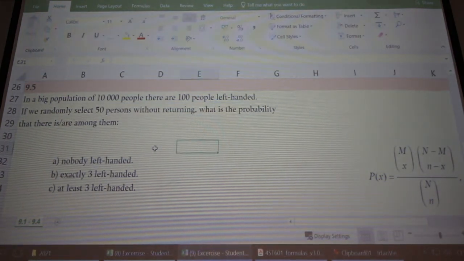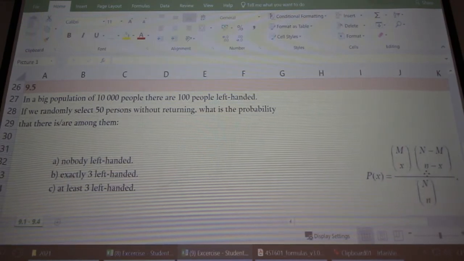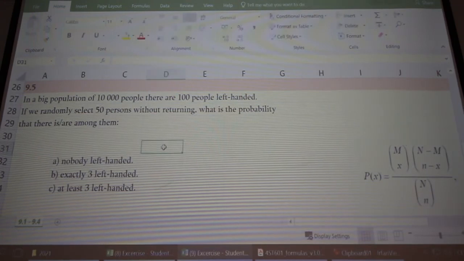So there is a screen with our example, and it will be good to create here a small statistical table. So I will write here random variable x.